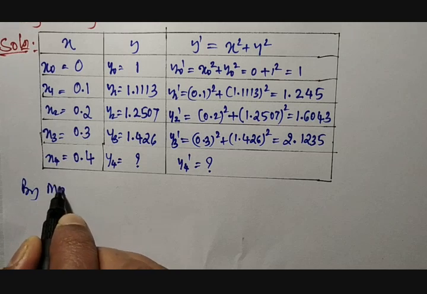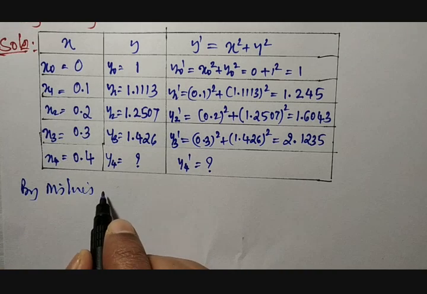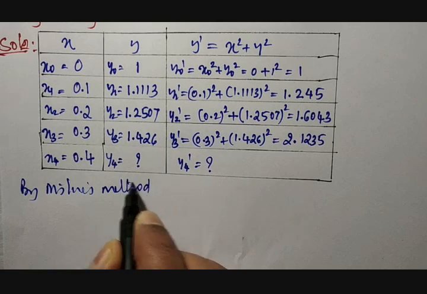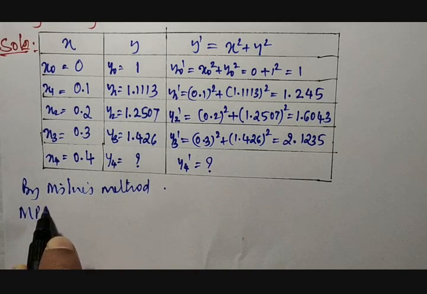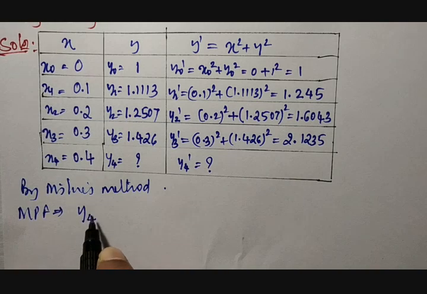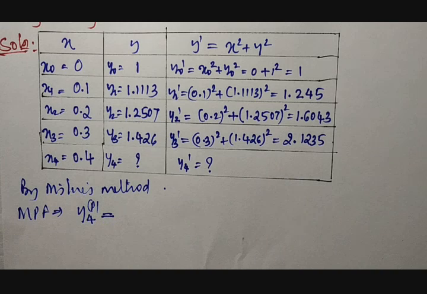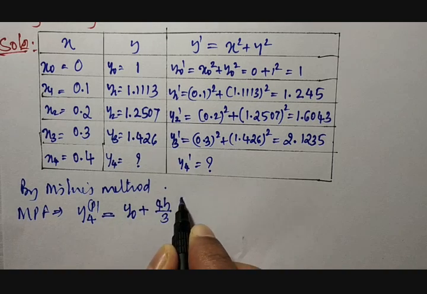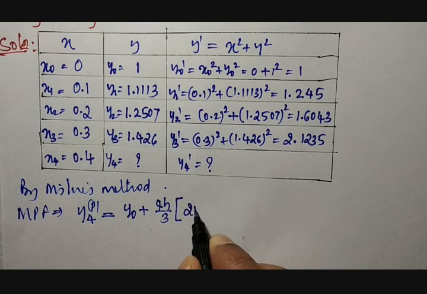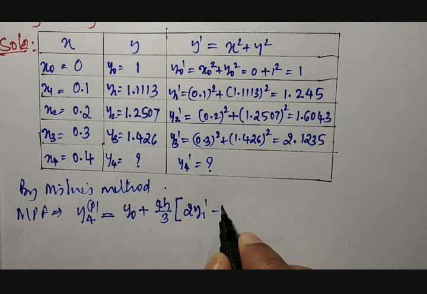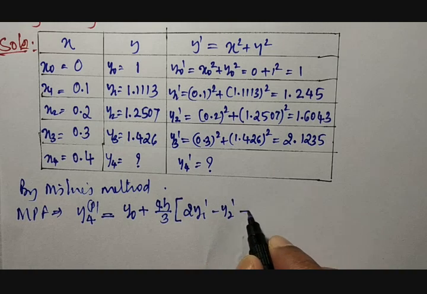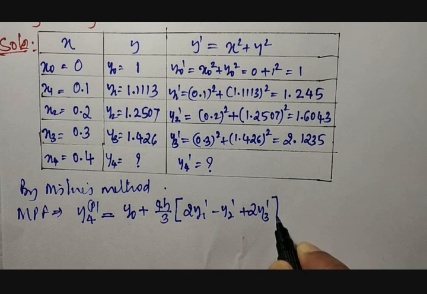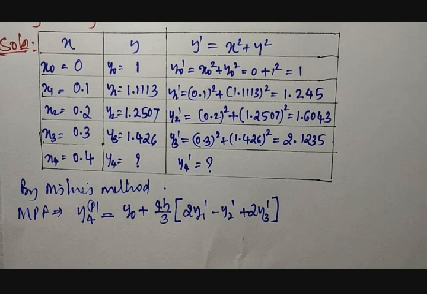By Milne's method, first Milne's predictor formula, that is, prediction to y4 is equal to y0 plus 4h by 3 into 2 times y1 dash minus y2 dash plus 2 times y3 dash. Clear? So this is the result.